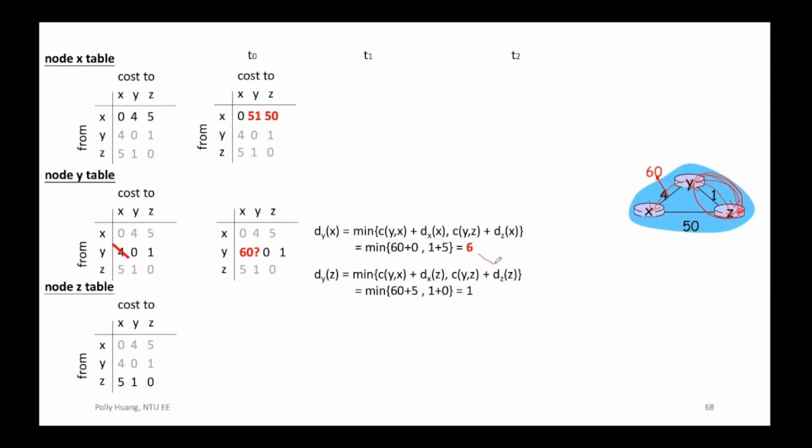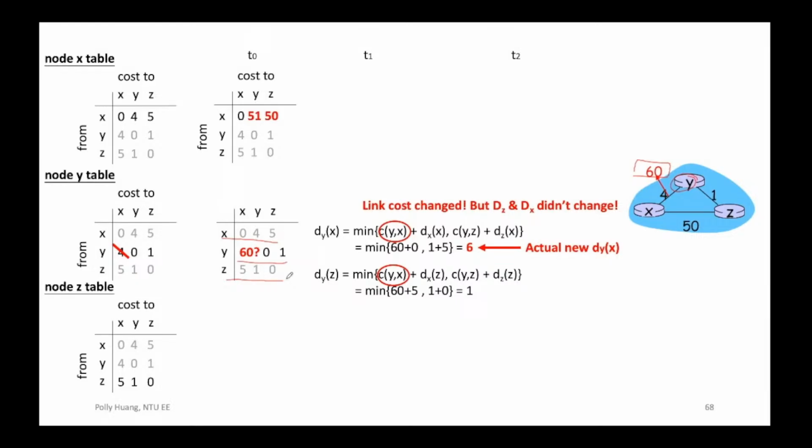So 6 here, again, is the new dyx. It's not quite yet the true dyx. So you see here, even though y is capable of detecting a link cost change right here, y's routing decision, route calculation, is still based on the old dx and old dz. Right at the link cost change, y has not yet received the new dz, new dx yet.